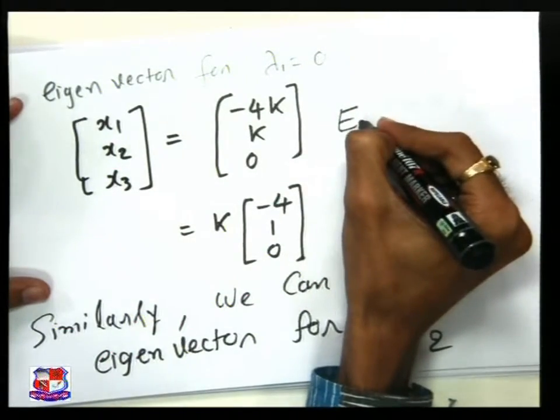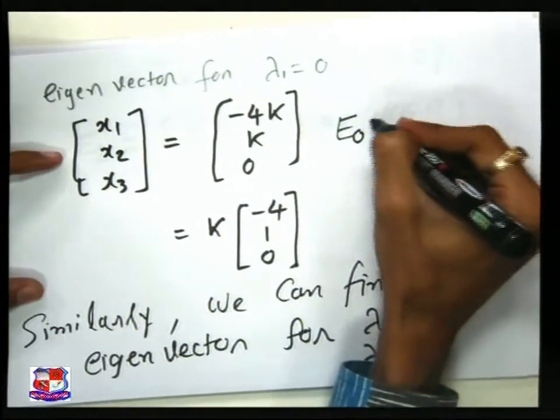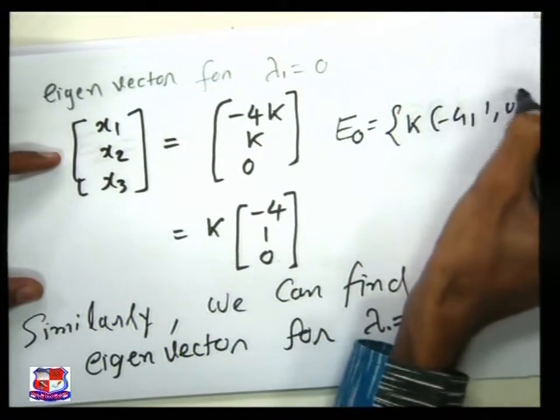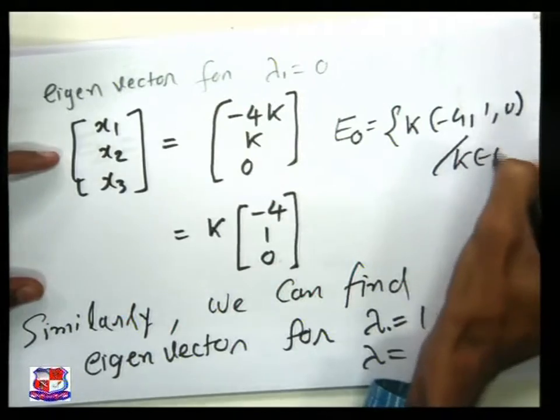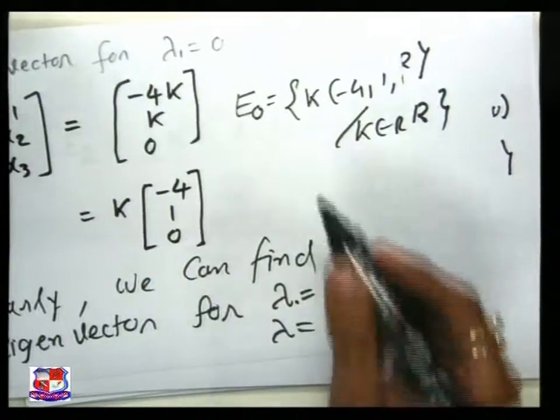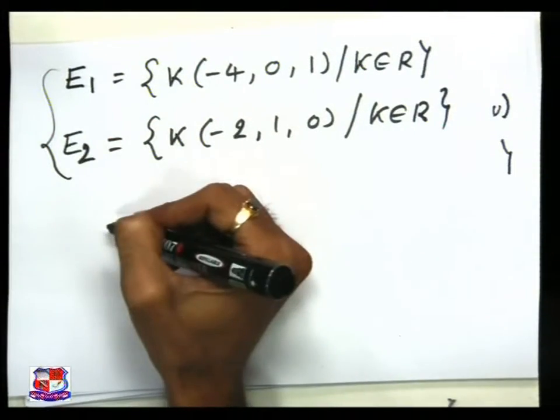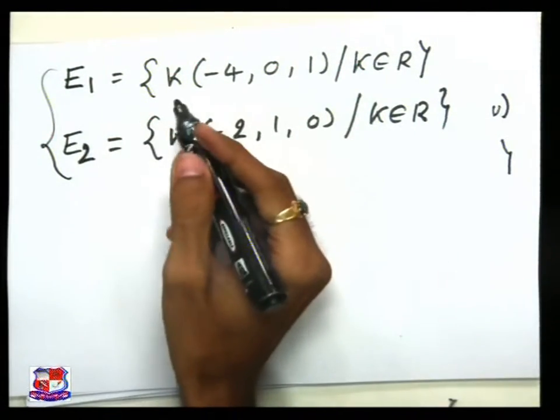the eigenvector for the eigenvalue 0 is k(-4, 1, 0), where k belongs to R. This is the first one, and these two are homework for the students.